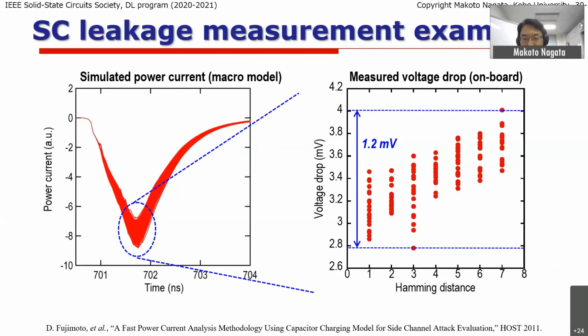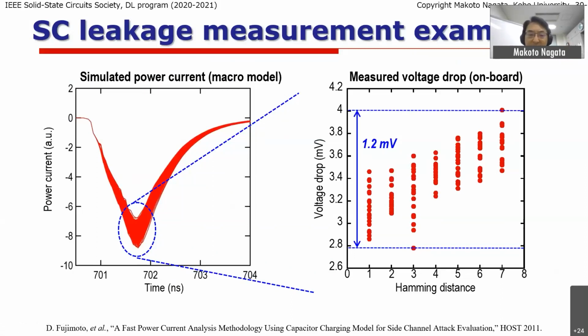The horizontal axis gives you the Hamming distance. I will show you later anyway. The horizontal axis is the Hamming distance, and the vertical axis gives you the voltage drop because of the current consumed by the AES processing. We see the obvious correlation. Larger Hamming distance, larger voltage drop. So this linear relationship can be the source of the leakage.